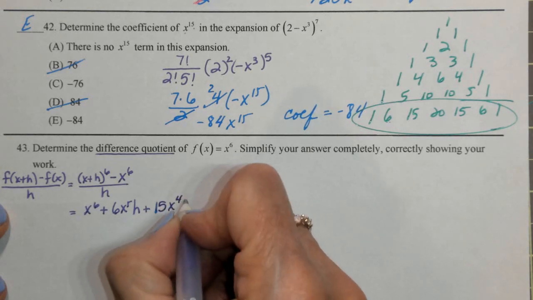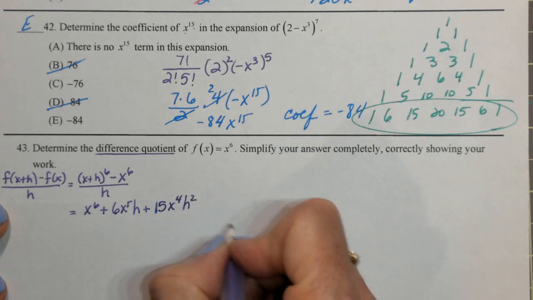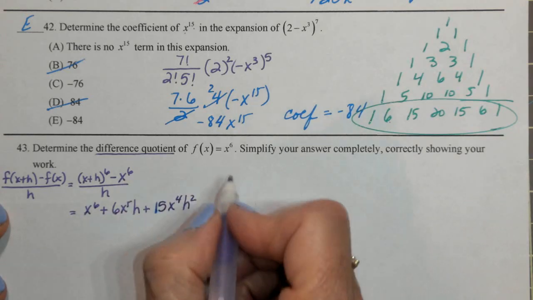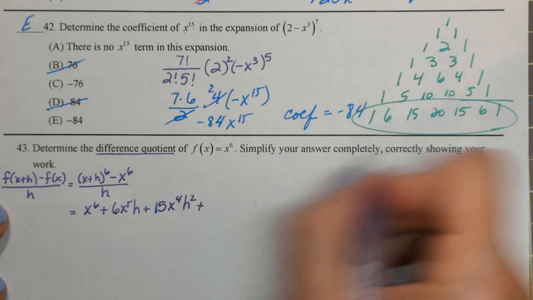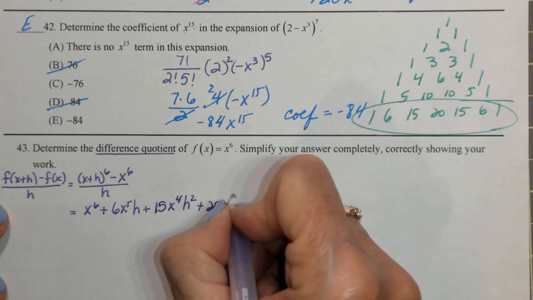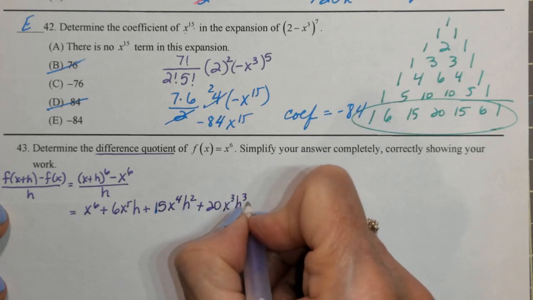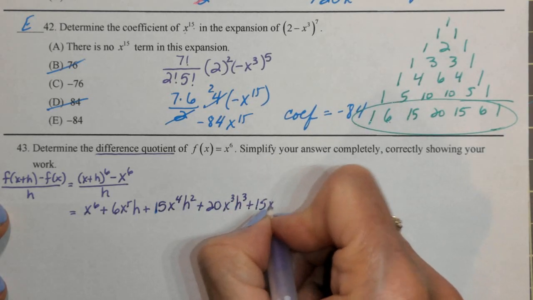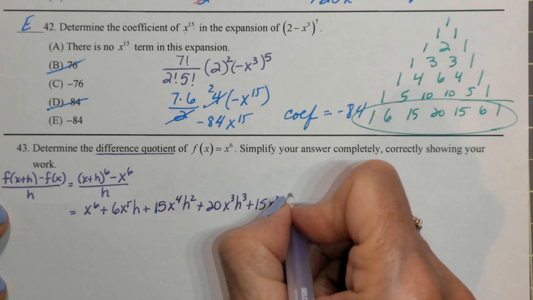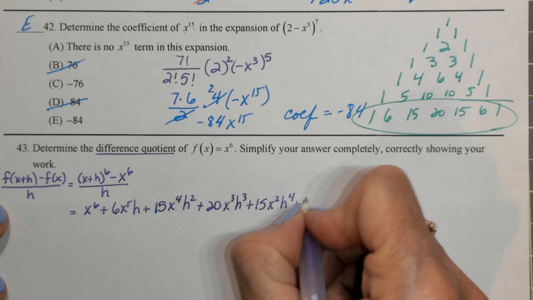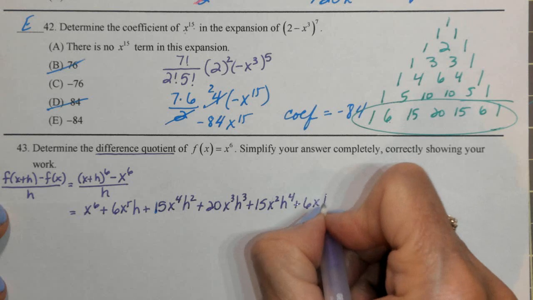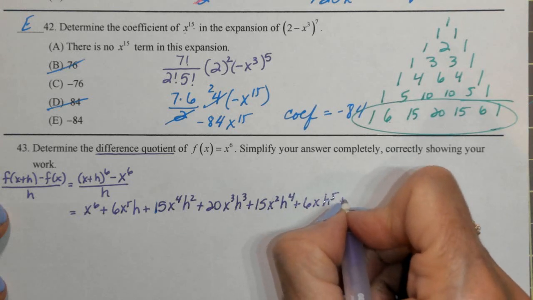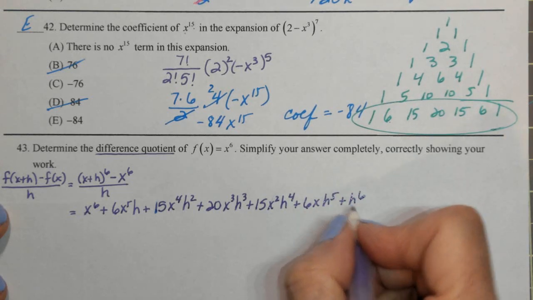Reduce your power on your x, raise your power on your h. The powers always add to 6 here. The next one will be a 20, x cubed, h cubed, and then a 15, x squared, h to the 4th, a 6, x, h to the 5th, and then lastly an h to the 6th.